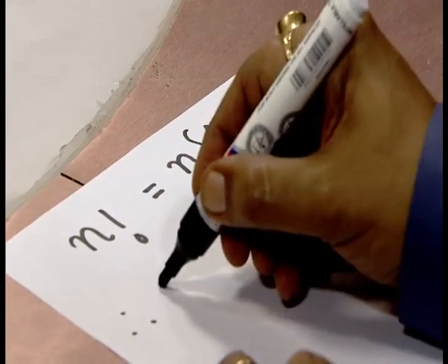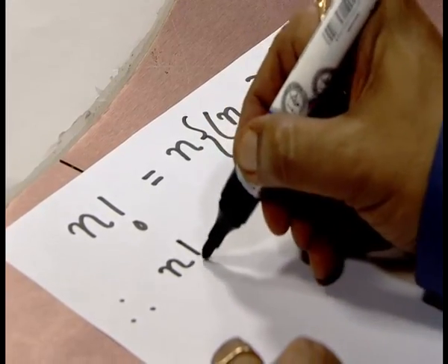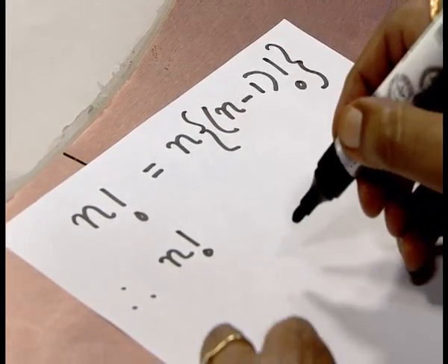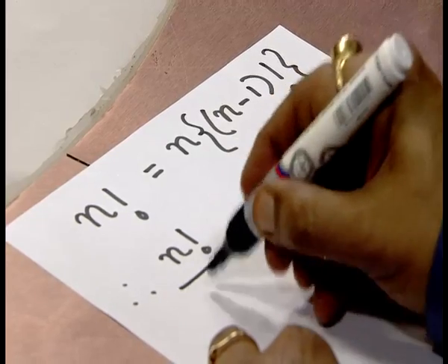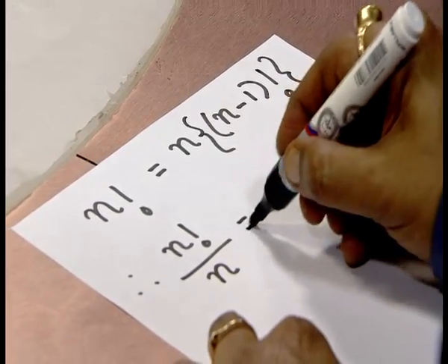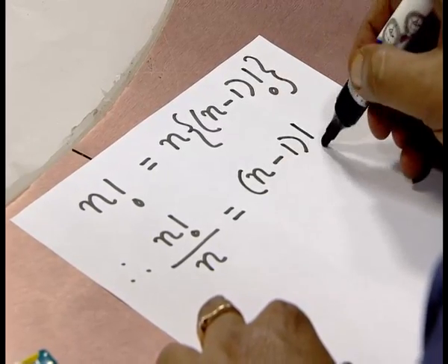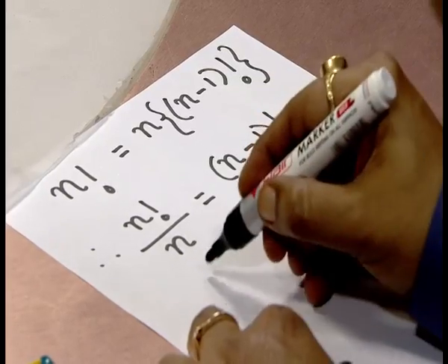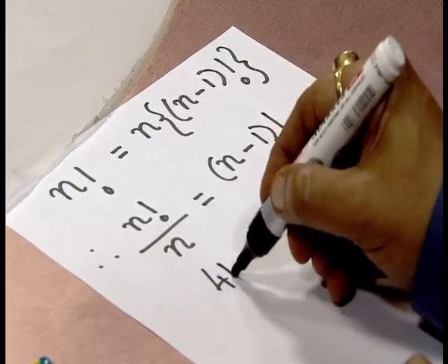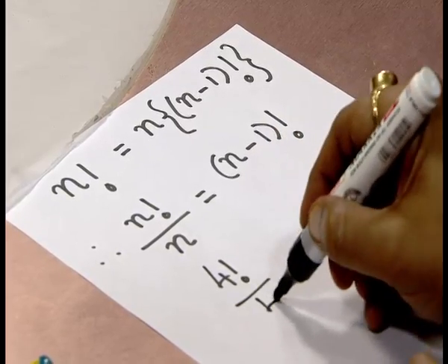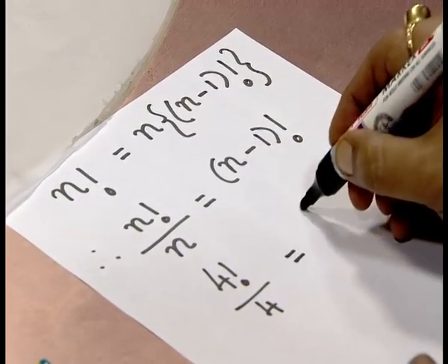Therefore, factorial n divided by n is equal to (n minus 1) factorial. So, to give further clarification to this, factorial 4 divided by 4 is equal to factorial 3.